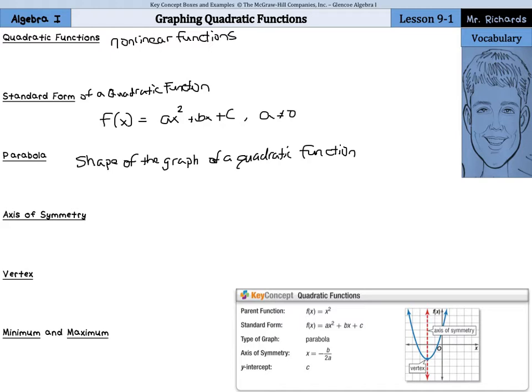And the axis of symmetry is a vertical line containing the vertex of a parabola.